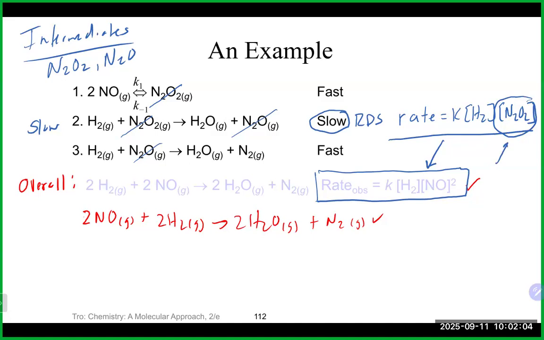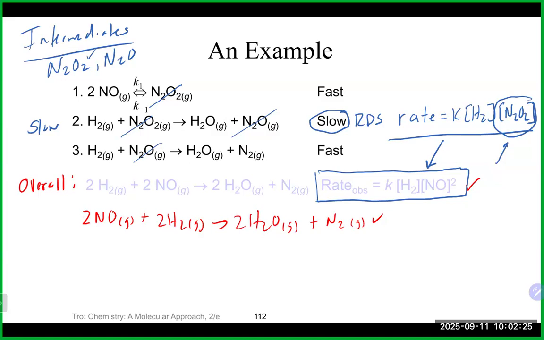That means that in order to truly compare the rate law for the slow step, we have to get rid of this intermediate out of that rate law and substitute in something that's there in the overall reaction, so that we can truly compare the two rate laws.